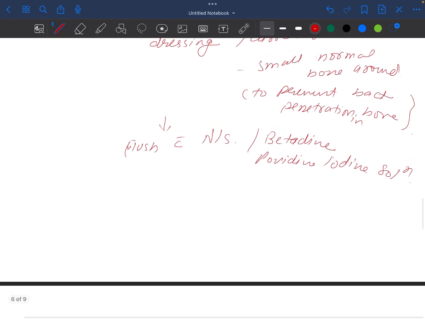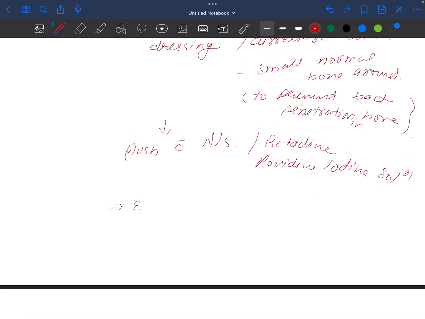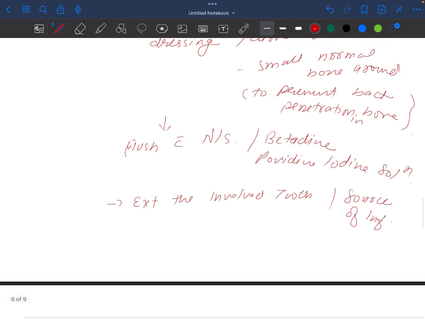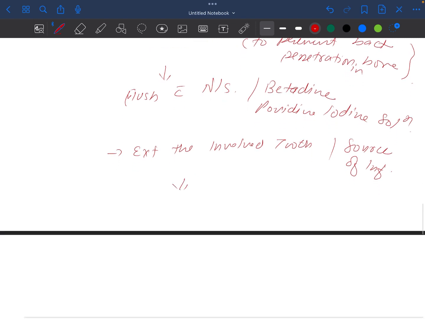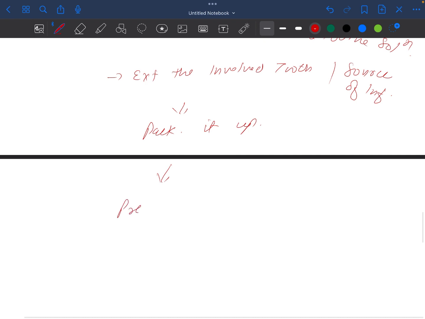After that, what you will do, you either extract, most of the time you just have to extract the involved tooth, basically the source of infection, right? And just pack it up, okay, and prescribe antibiotics. Antibiotics, most of the time just penicillins.